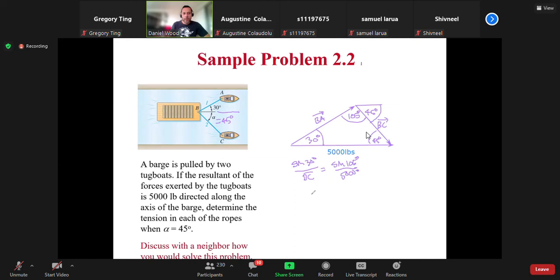So then I can solve for BC. BC, the vector BC, is equal to 5,000 times sine of 30 divided by sine of 105.